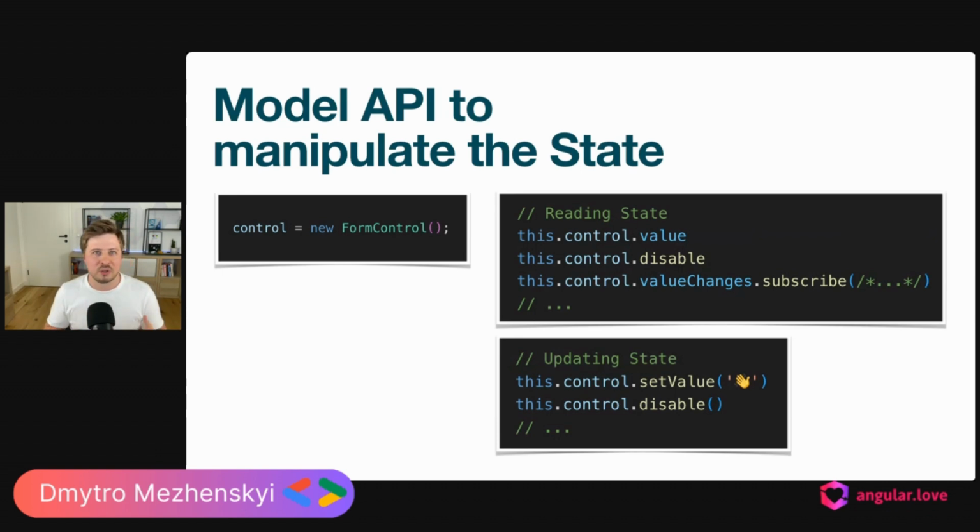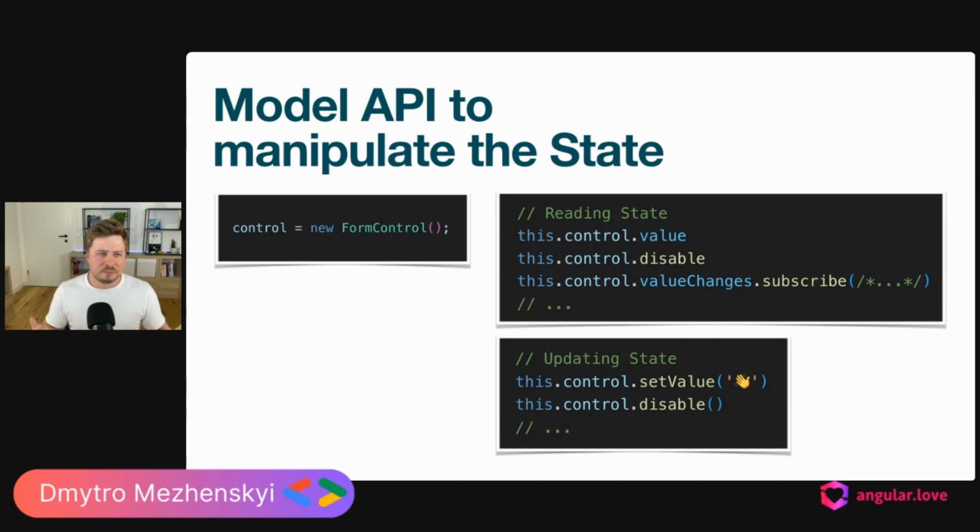So if you worked with reactive forms, you know this API very well, I'm pretty sure. We can subscribe to value changes and react to them. We can change the state of the model by using, for example, the setValue method, disable it, and so on.